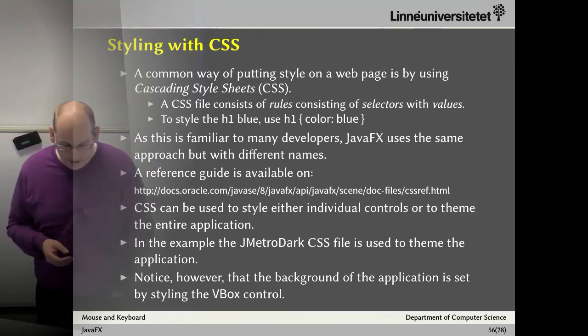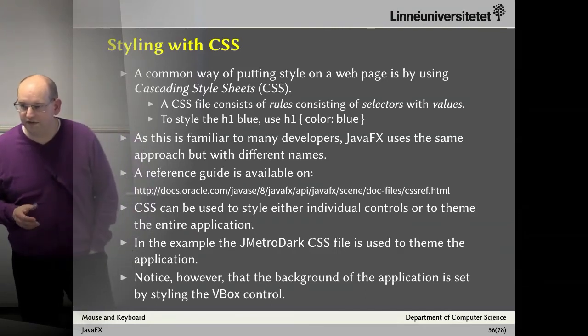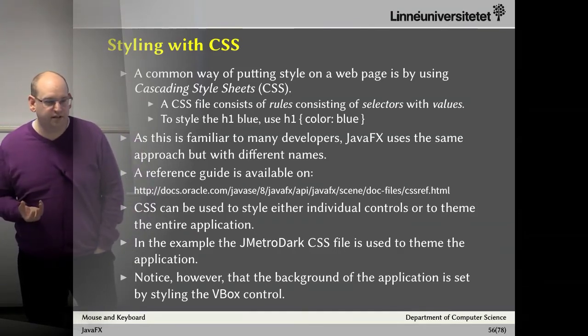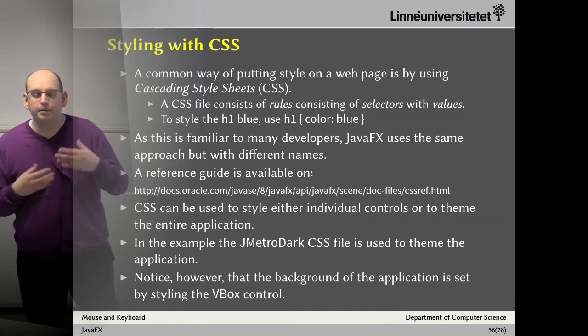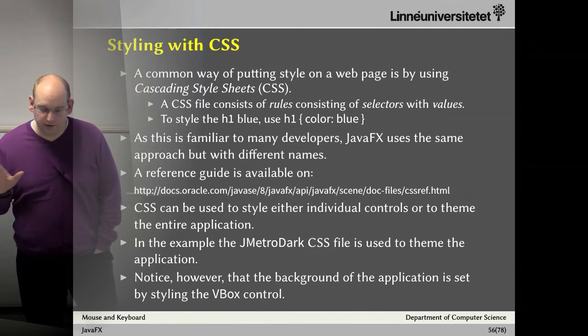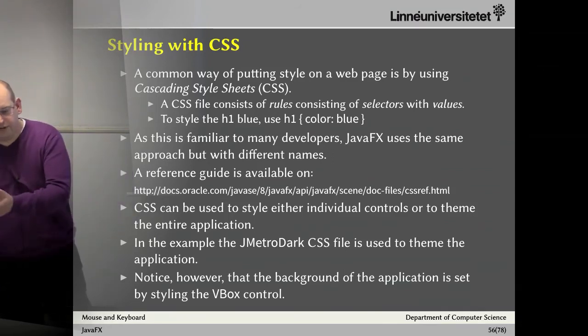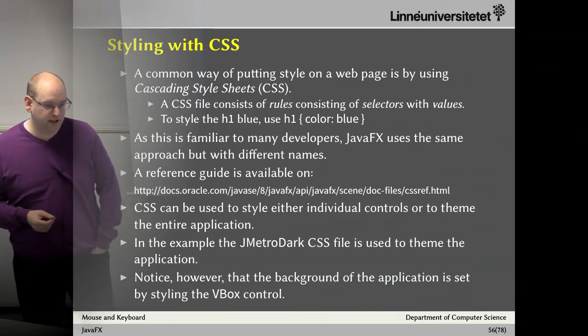There's a reference guide, and I'll show you an example of a JMetro CSS file. You just download this CSS file, and it takes care of skinning buttons, drop-down lists, everything that's available in the interface, so that it matches a specific platform.